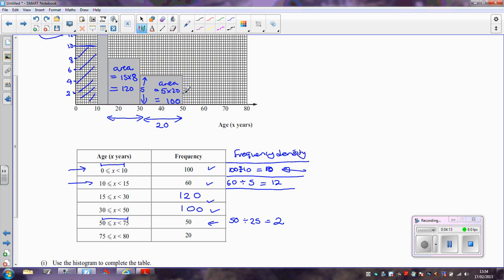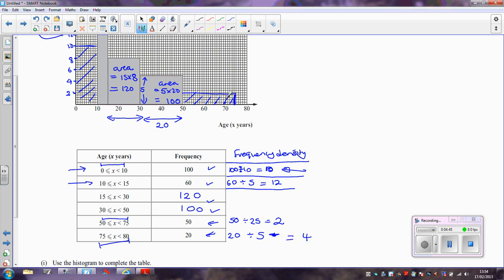Now that's just here. So we're talking about the 50 going all the way up to 75 group, which is here. If we just go down, so you can do it more accurately than me, the histogram there completed for 50 to 75, the height must be 2. And if we look at this 6th group, the frequency is 20, divided by, now we're talking about from 75 to 80 here, well that's just 5, and 20 divided by 5 comes out as just 4.